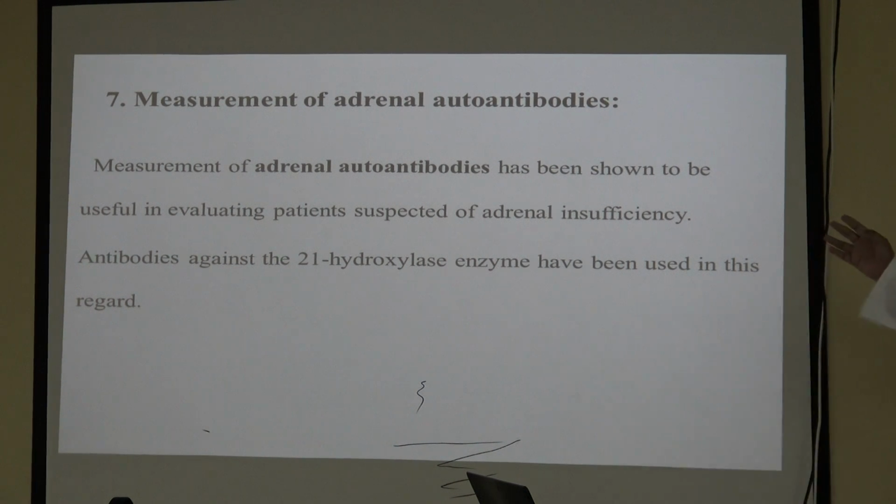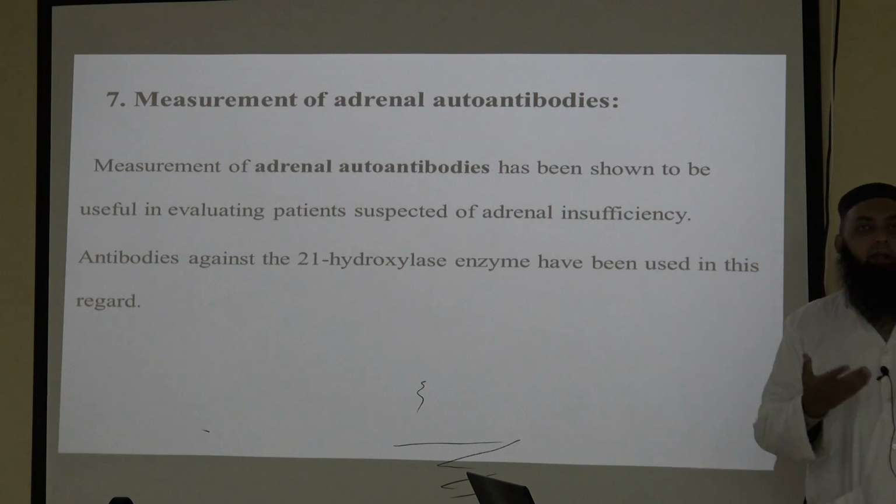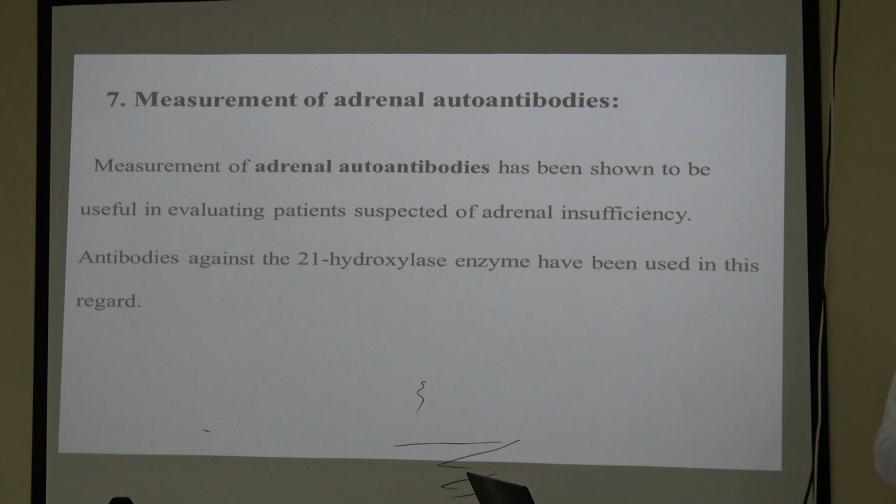There's one other test, autoantibodies. You can also measure the autoantibodies. Last slides. Autoantibodies can also help: is there an autoantibody in the adrenal? If they are there, most probably it is a primary cause, the problem in the adrenal.